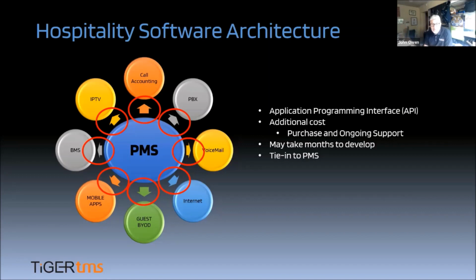So if you take that into consideration, this is quite a restrictive architecture. It ties the hotelier into the PMS and makes the hotelier very dependent on the PMS supplier to offer any additional connectivity requirements.